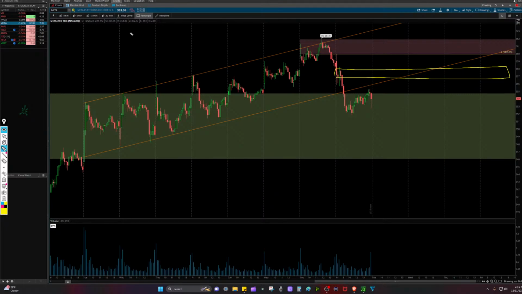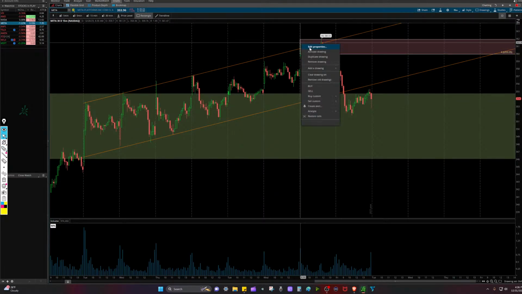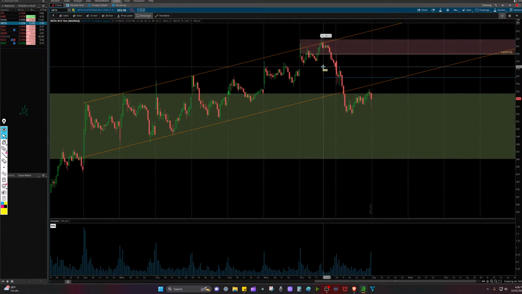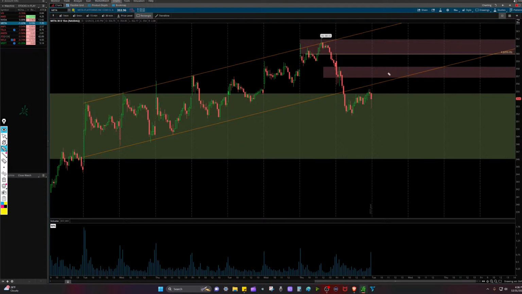So if you want to compare, let's say there is one of these here, right? There's one here and one there. Let's say this stock comes up here and tries to reject this.